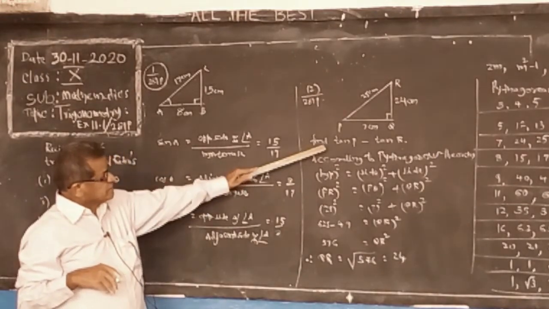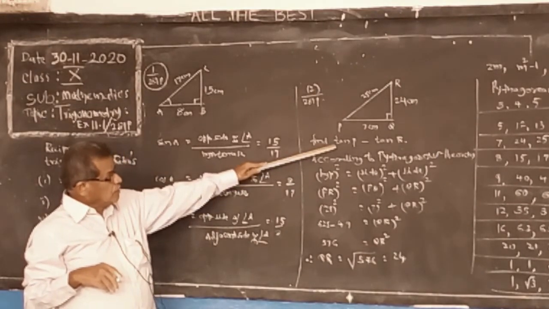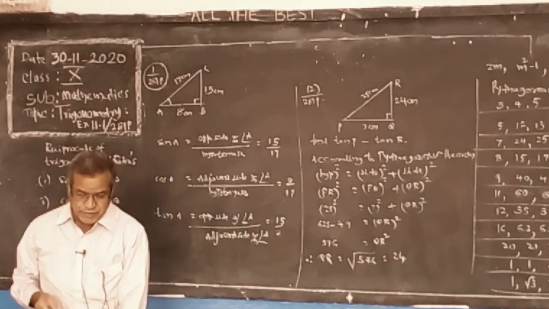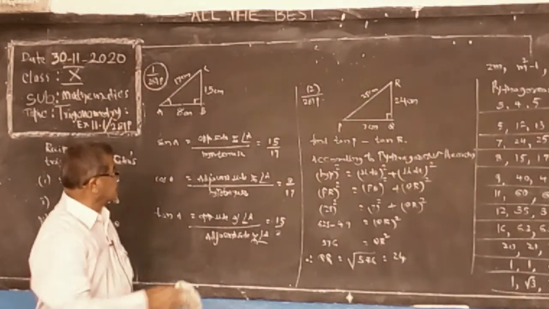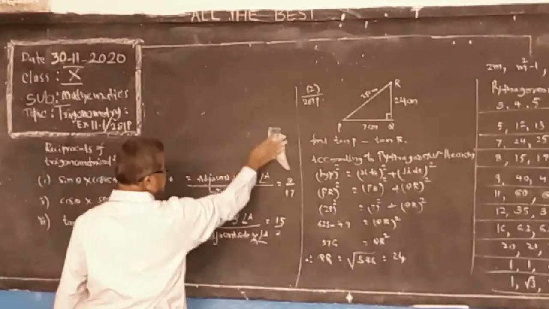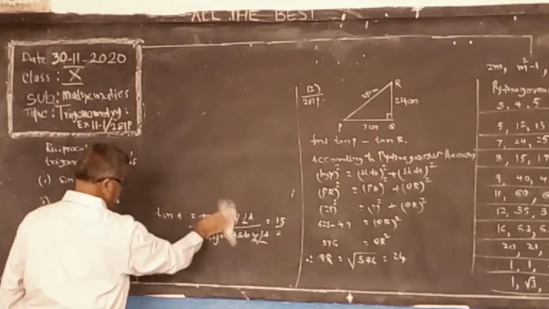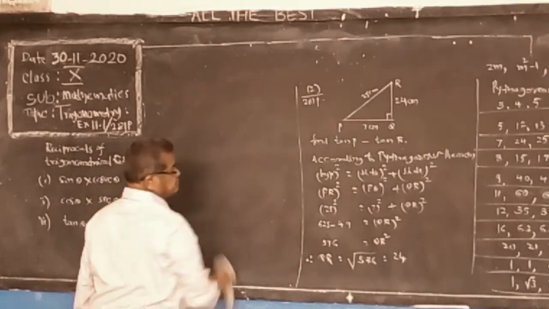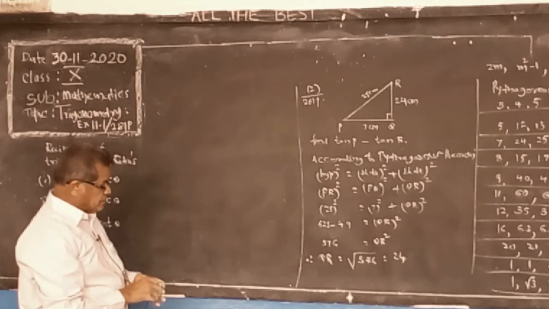But what is asked? Tan P minus tan R. Write the values. What is tan P? Tan is opposite side of the angle by adjacent side.